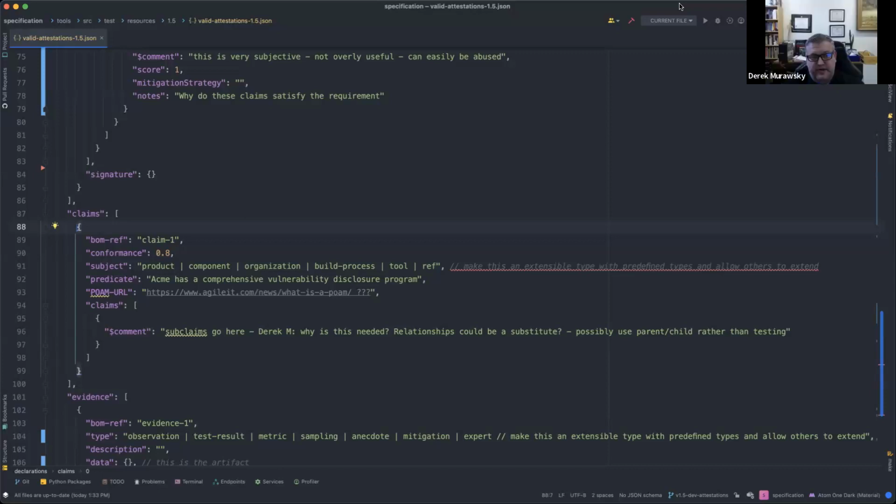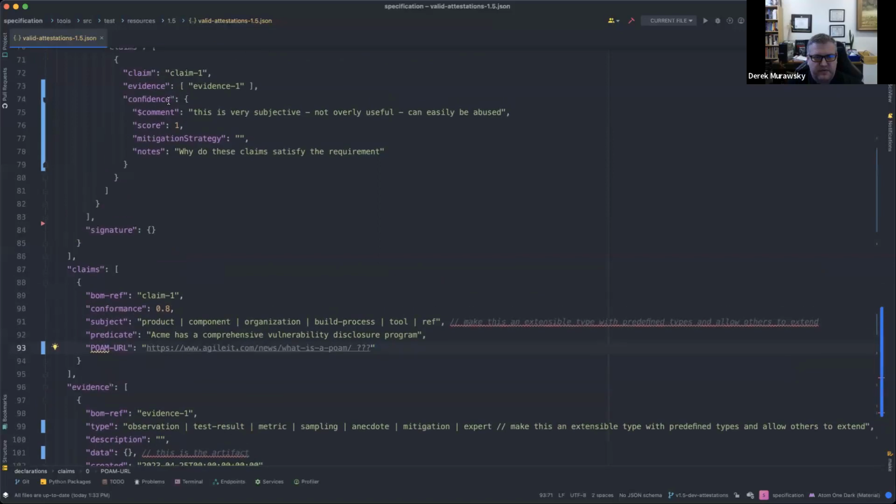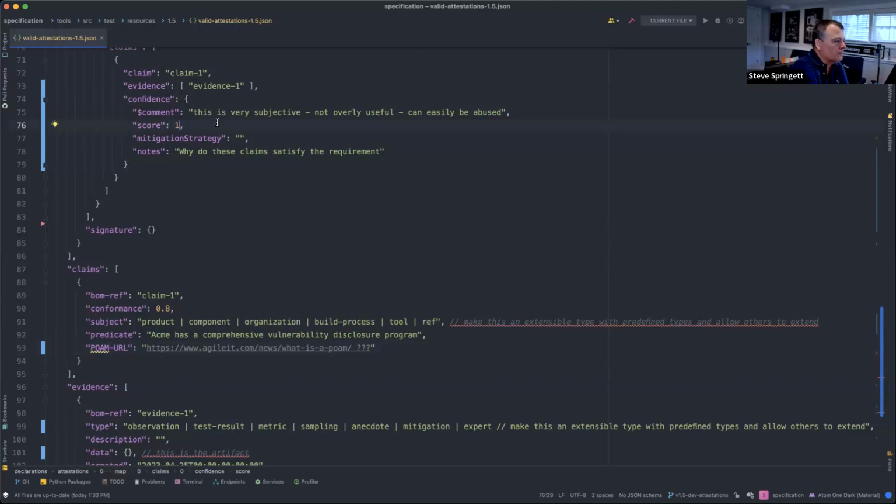And the other thing I'd throw out along the same lines is, do we really need conformance in here if we have the score and the mitigation up top? Maybe we do need it here, because this is where a person who's making the claim would say we're compliant 80–90% of the time. But if we've got the claim with the confidence up here, what's the difference between confidence up here and conformance down there?